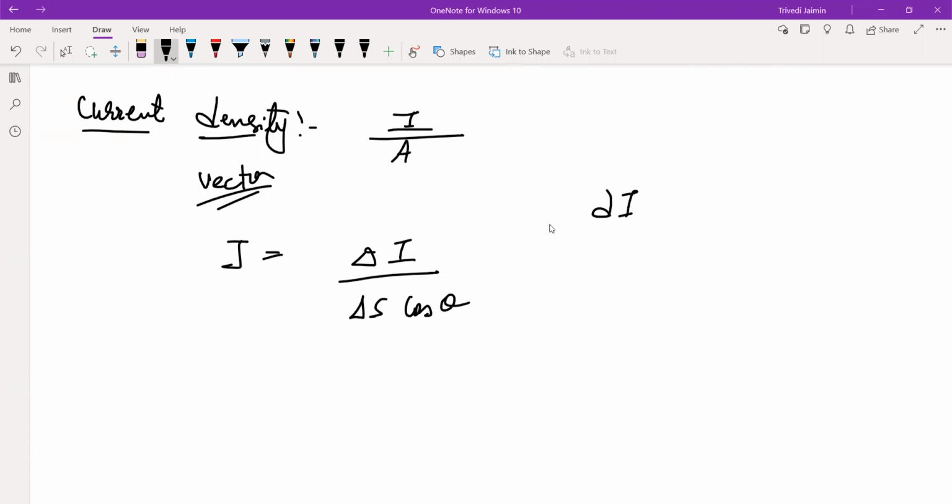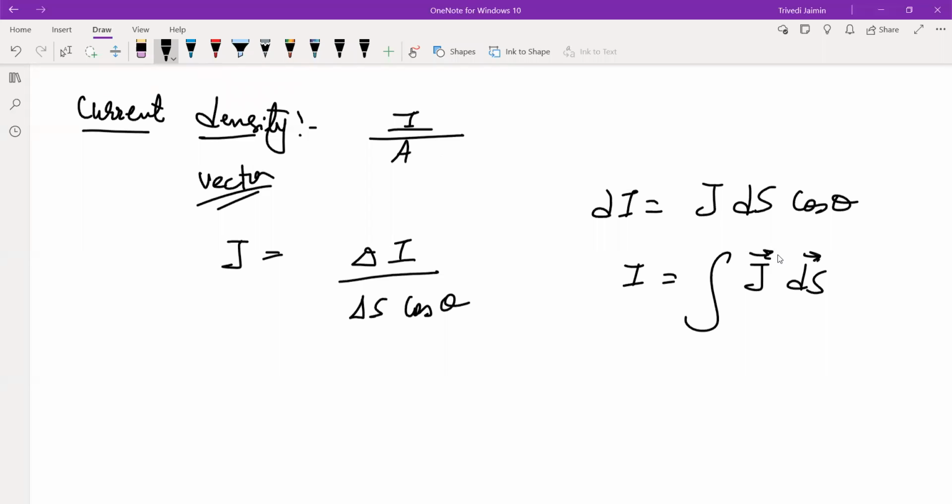So dI equals J dS cos theta, so I equals the integral of J dS in vector form. And the dimension of J will be A L to the power minus 2, that is, ampere per meter square.